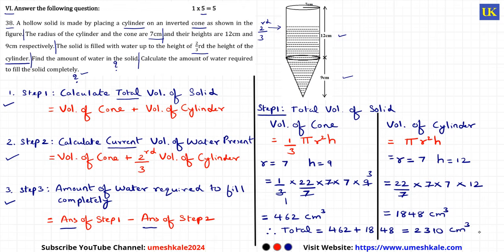So this is the answer of our first step. So the total volume is 2310 centimeter cube for our first step.